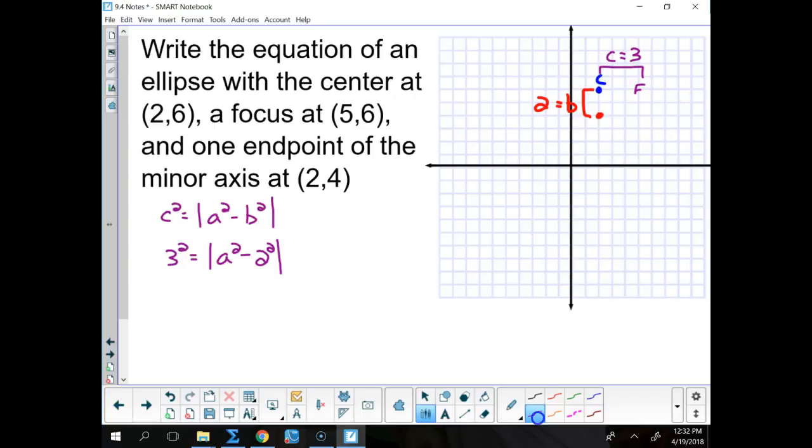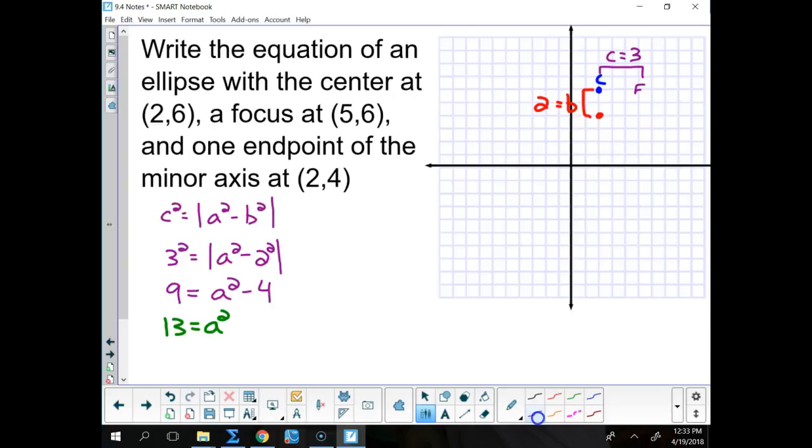So 9 is going to equal a squared minus 4, right? Because I don't care about the negative one of the two. So what do I do? Add 4. So that gives me 13 is a squared, correct? Okay.